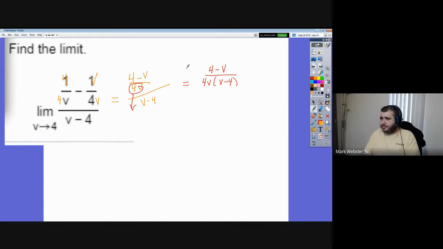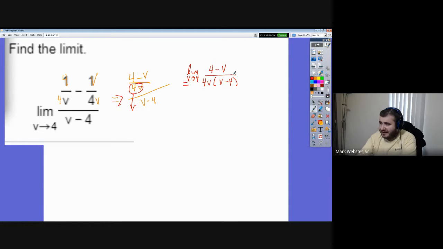Now, here's the thing I want to point out real quick, is that these look very, very close to each other. It's just they're backwards, right? When you've got 4 minus v and v minus 4, they're the same thing, just different by a factor of -1.